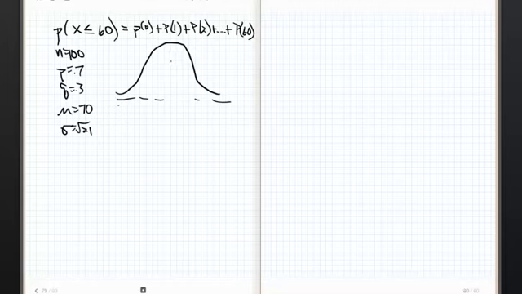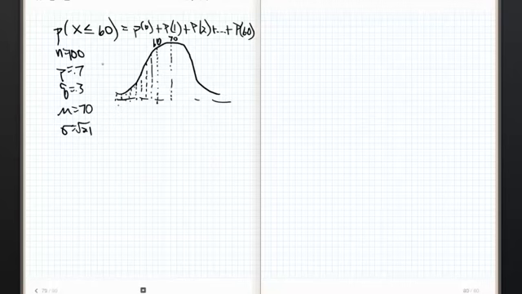We're using the standard normal curve here. However, we have to remember that this corresponds to 70, and somewhere over here corresponds to exactly 60. What we're looking for is 60, 59, 58. We're using the normal curve to make our workload easier.